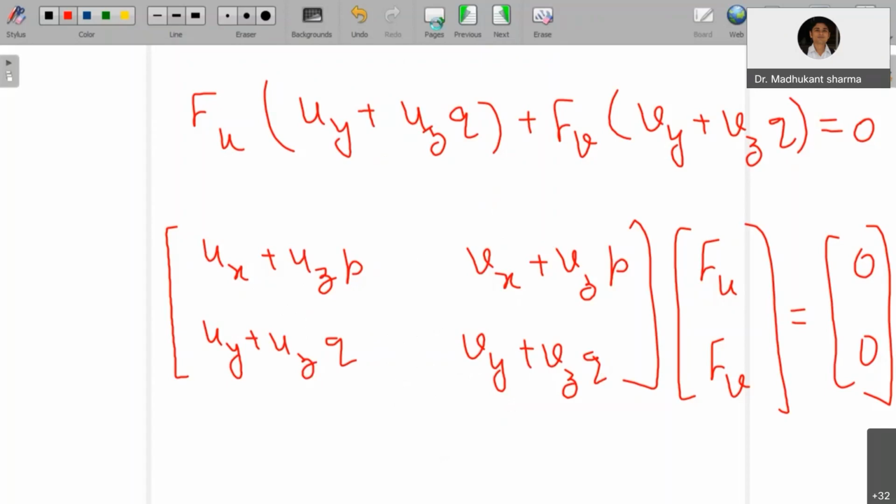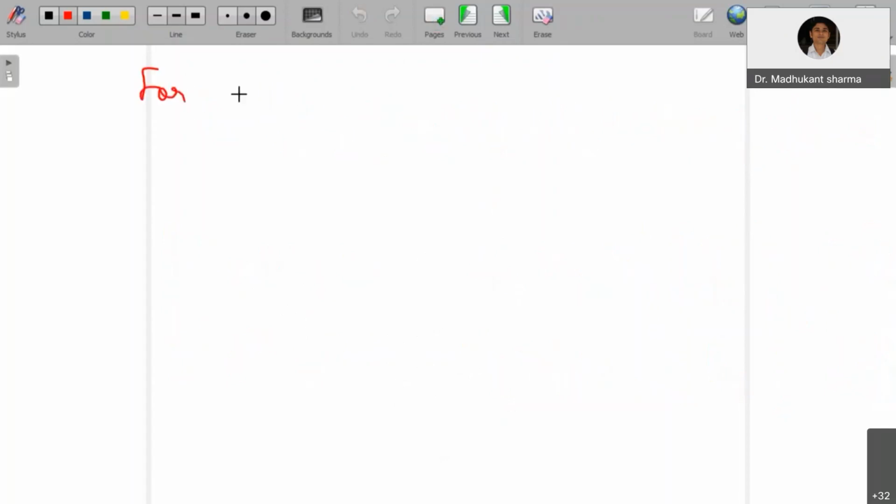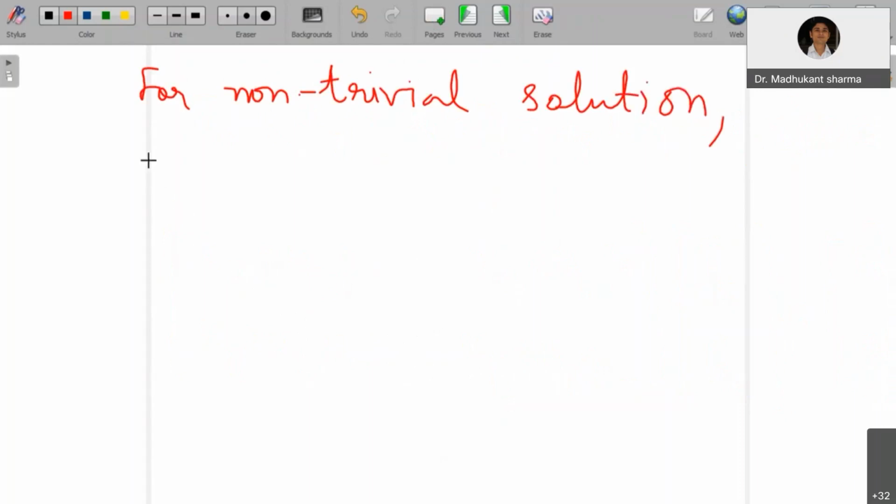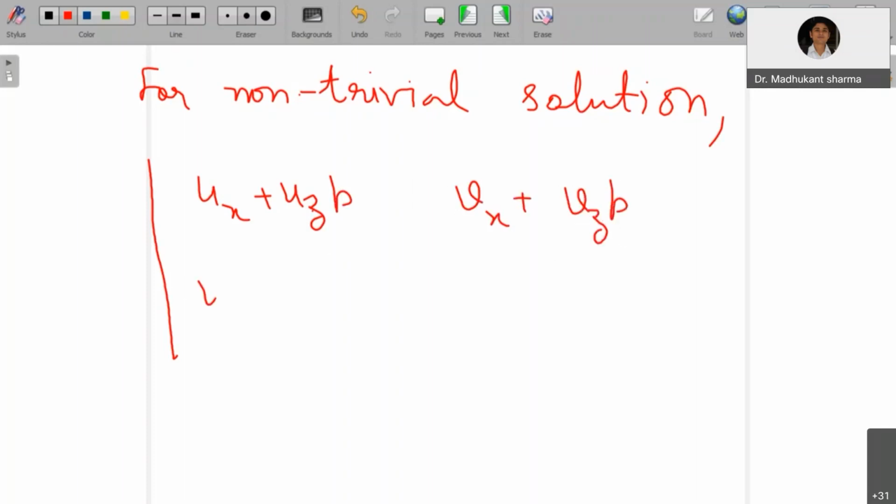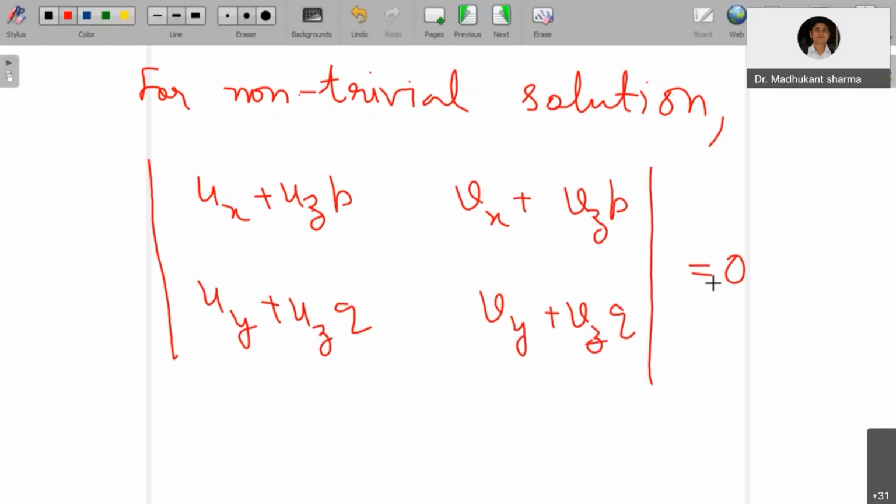So for a non-trivial solution, what we must have is that the determinant of ux plus uzp, vx plus vzp, uy plus uzq, vy plus vzq equals 0.